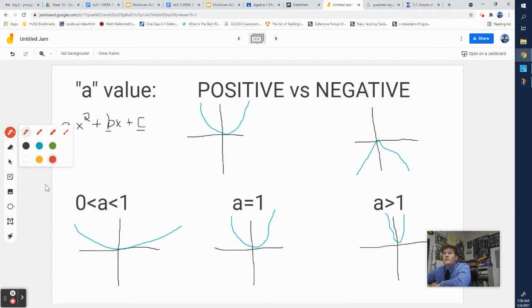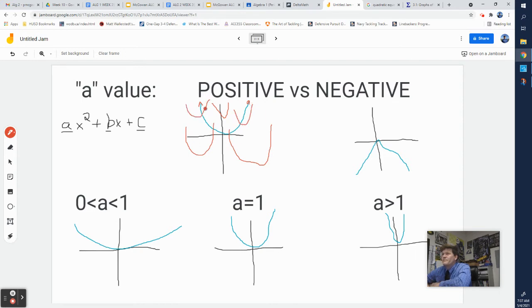If your A value is positive, if you have a positive x squared, your graph's going to end pointing to the top. And it doesn't have to go through this point. It could go through something like this, or something like that. All that matters is that it's going up.